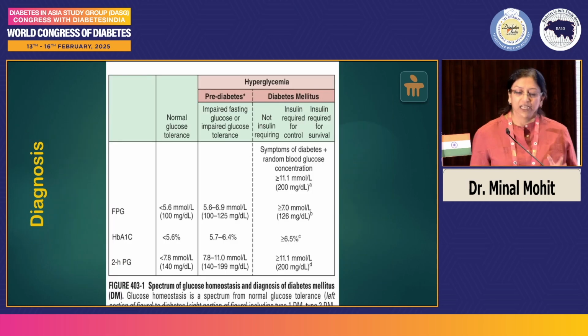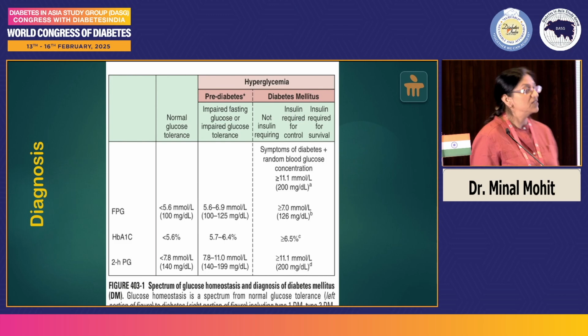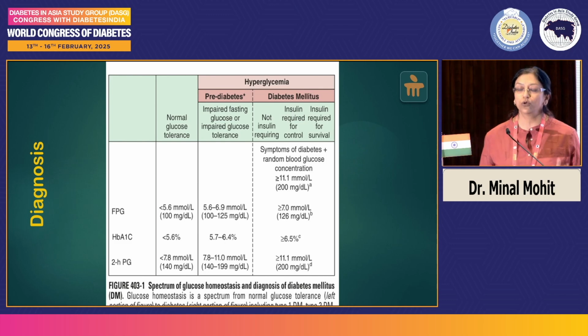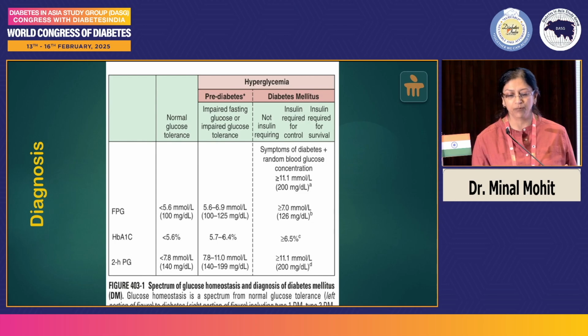Then comes the diagnosis. How do you diagnose diabetes? So we classify normoglycemia as a fasting plasma glucose of less than 5.6 millimoles per liter, HbA1c less than 5.6%, and 2-hour plasma glucose less than 7.8 millimoles per liter. Then we have hyperglycemia or dysglycemia to begin with, that is a stage of pre-diabetes.